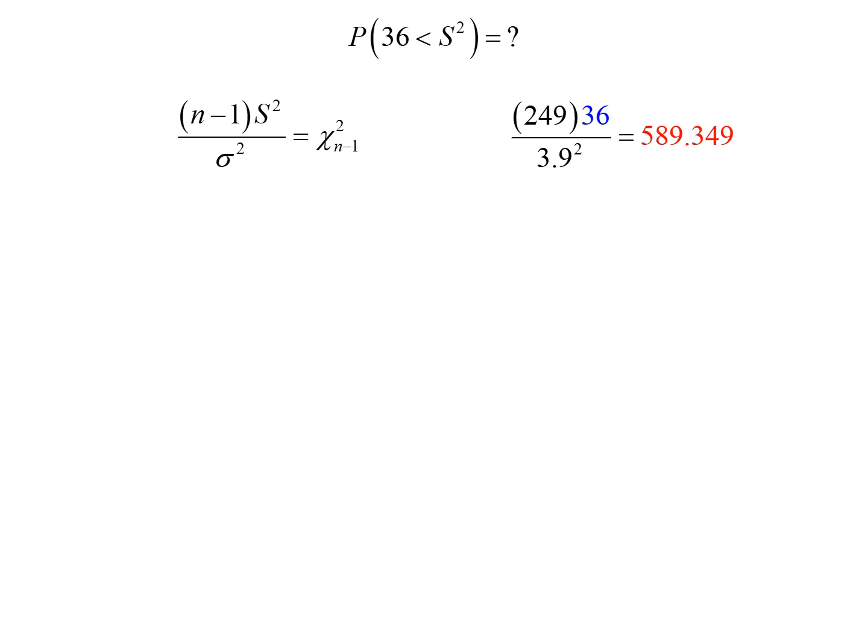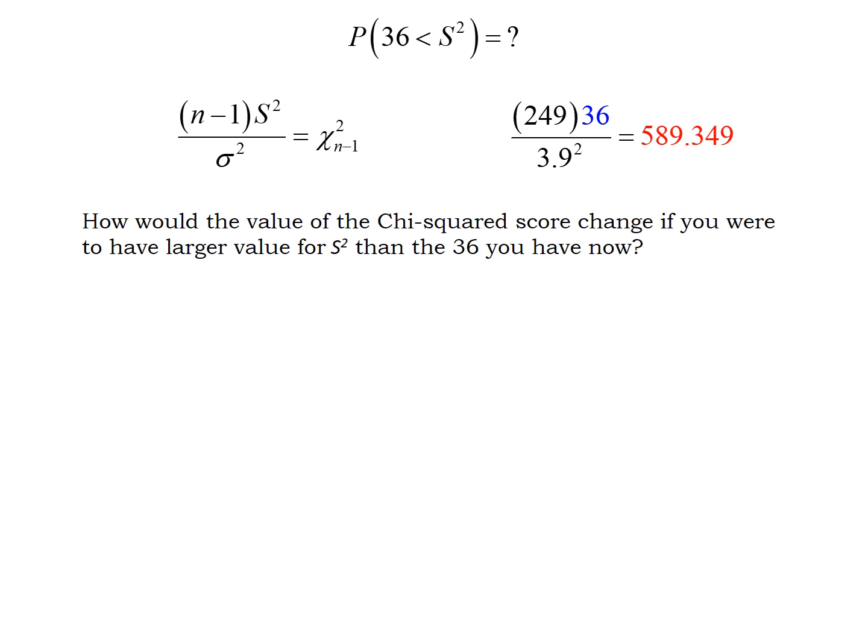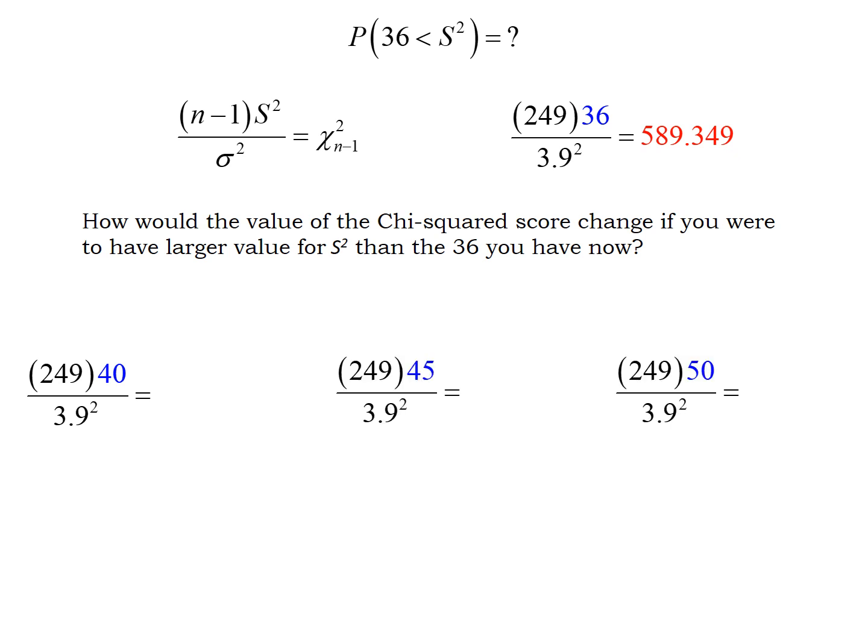So we need to see what happens if we had a higher value for S squared. How would the chi-squared score change if we had a higher sample variance? Suppose we had a sample variance of 40 or 45 or 50. What would happen to the corresponding chi-squared scores?